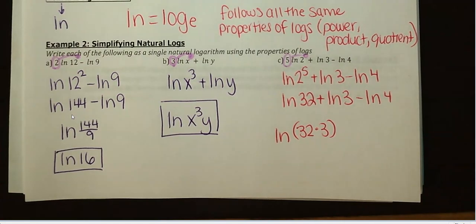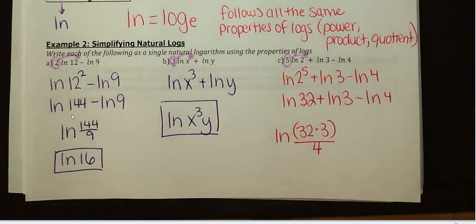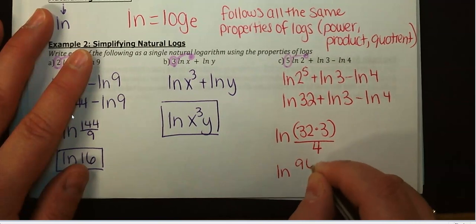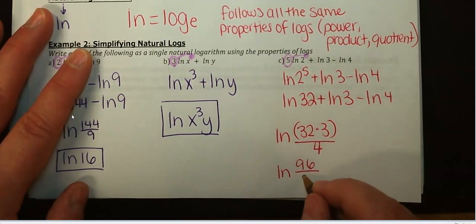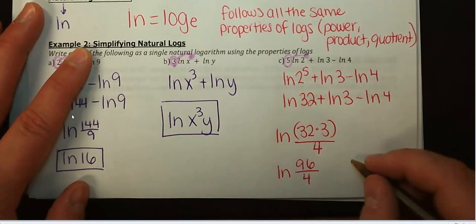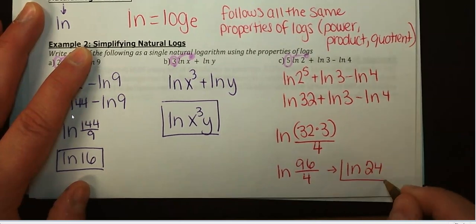And then I have minus the natural log of 4. So then this whole thing would be over 4. So you got to do the multiplication first. That's going to give you 96 if you multiply that. And then you want to divide that by 4 after you figure out what that product is. So as a single natural log here, you can actually divide this. This is going to give you 24 as your single natural log.